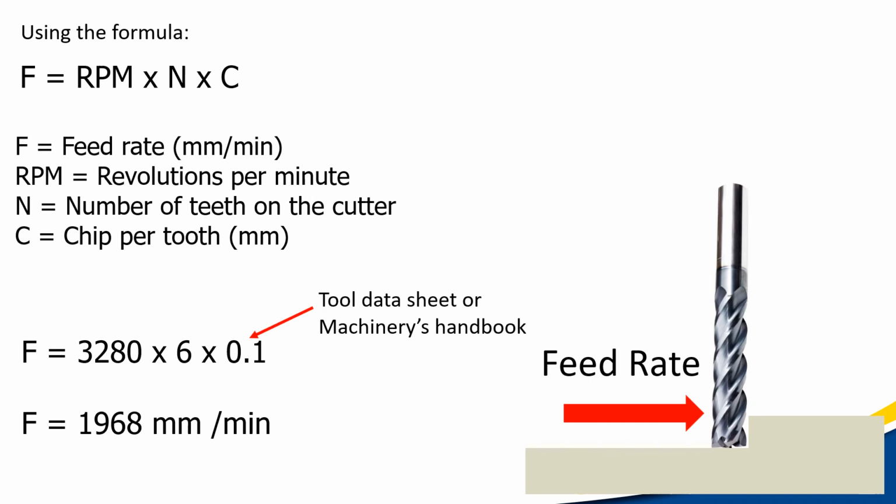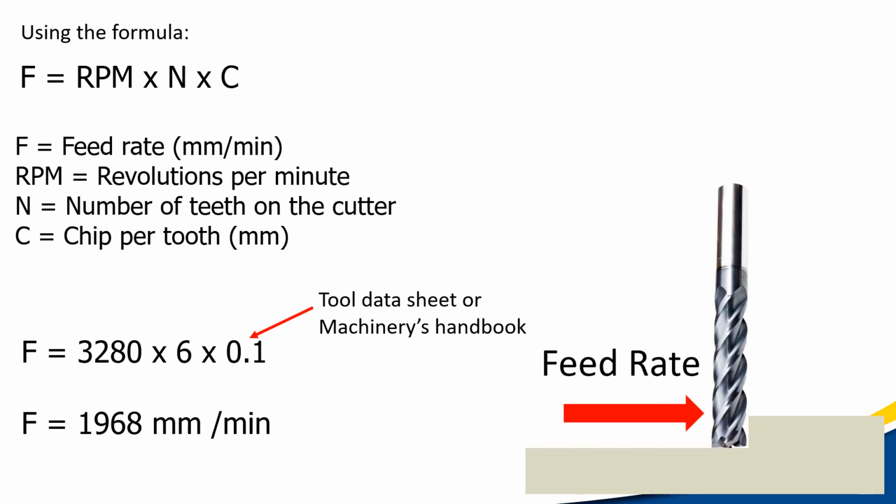Introducing another formula. Feed rate in millimeters per minute equals RPM times number of teeth on the cutter times chip per tooth value. In this example, 3,280 RPM from our previous formula times 6, which is the number of teeth or flutes on the cutter, times the chip per tooth value from the tool's data sheet or from the Machinery's Handbook.